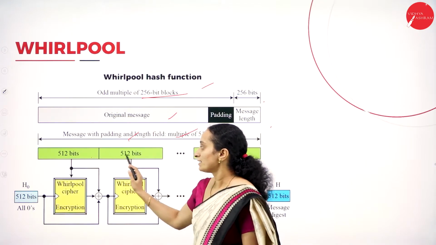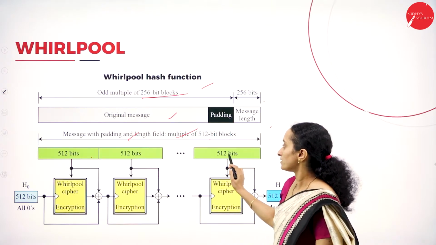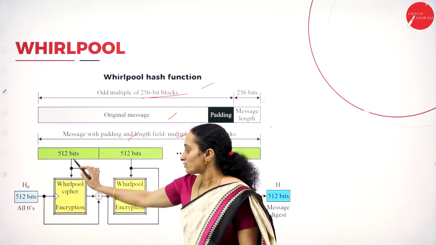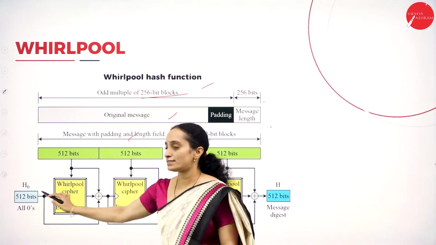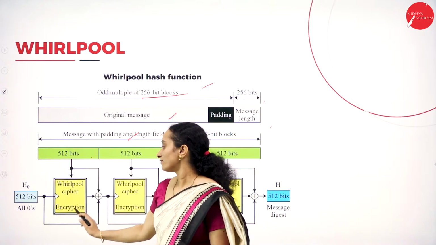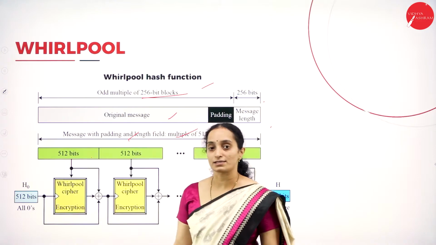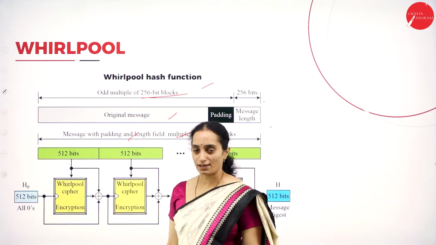We have each block with 512 bits. So it is divided into blocks of 512 bits. So this will be acting as a key. This is the plain text we use. Plain text with the Whirlpool cipher. It uses the encryption, that is the modified AES cipher, to produce a cipher text.